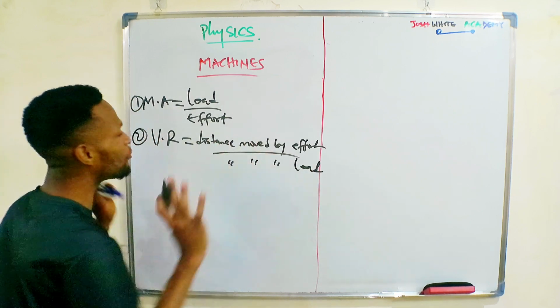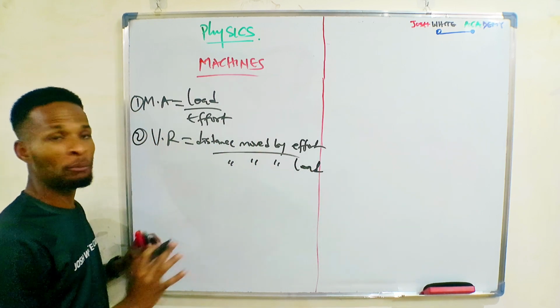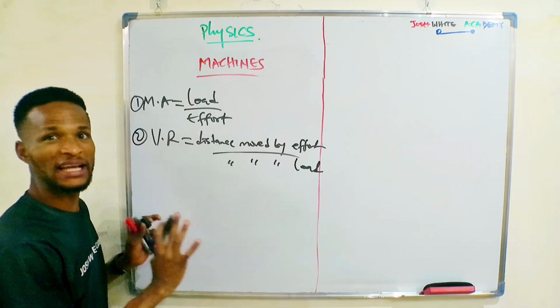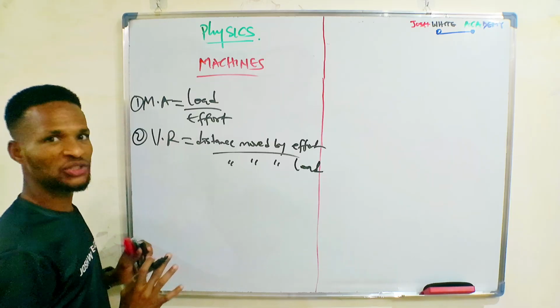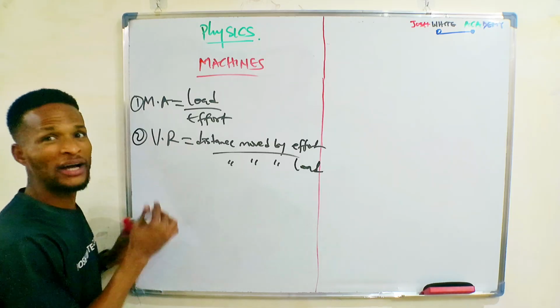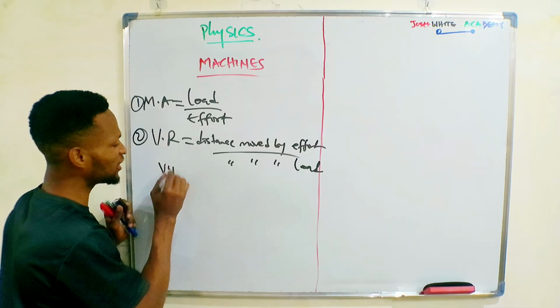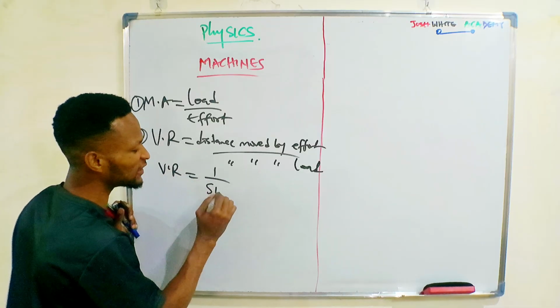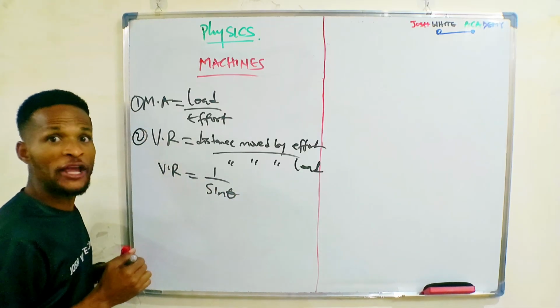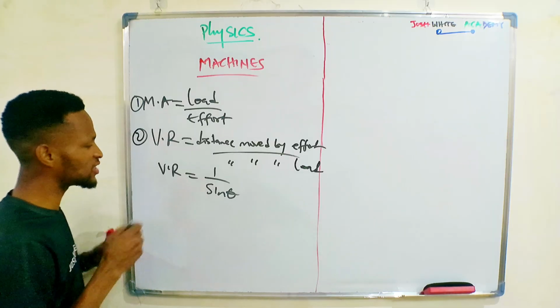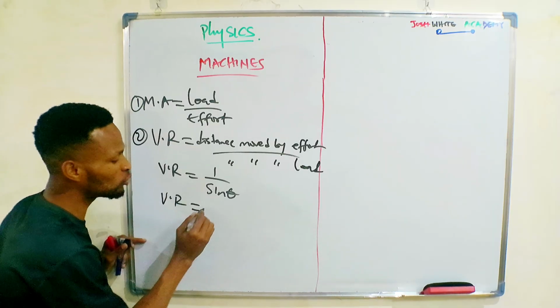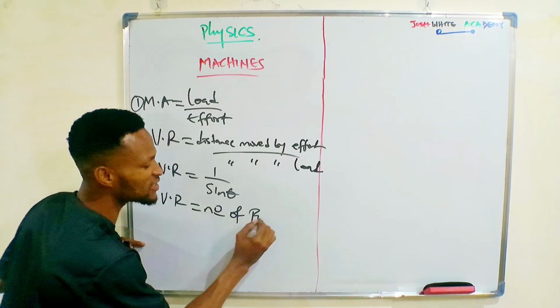This is a general formula for velocity ratio, but different kinds of machines have their different velocity ratios. For instance, for an inclined plane, velocity ratio is equal to 1 / sin θ. For a pulley system, a block and tackle system, velocity ratio is equal to the number of pulleys.